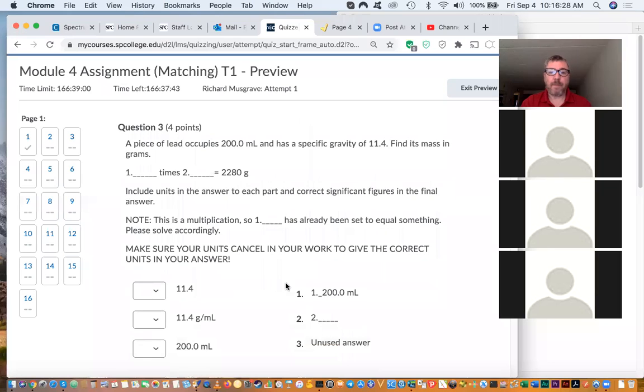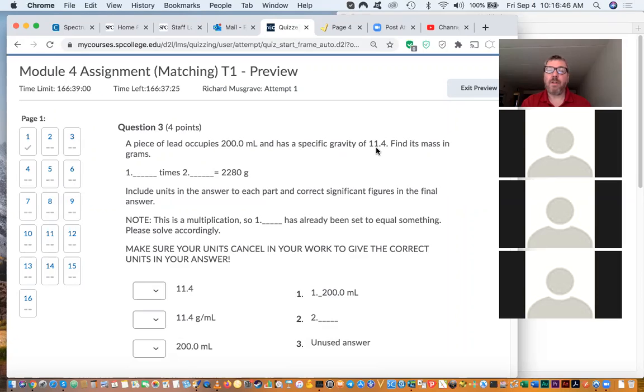Now, I give a specific gravity. Now, specific gravity is the same as density. It just doesn't have any units. It's the density compared to the density of water, which is 1 gram per mil. So it's grams per mil divided by grams per mil, which means it doesn't have any units.